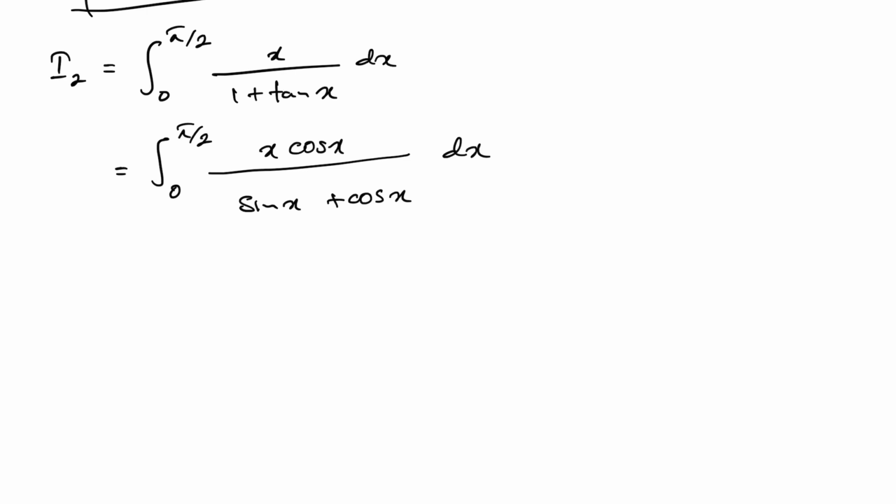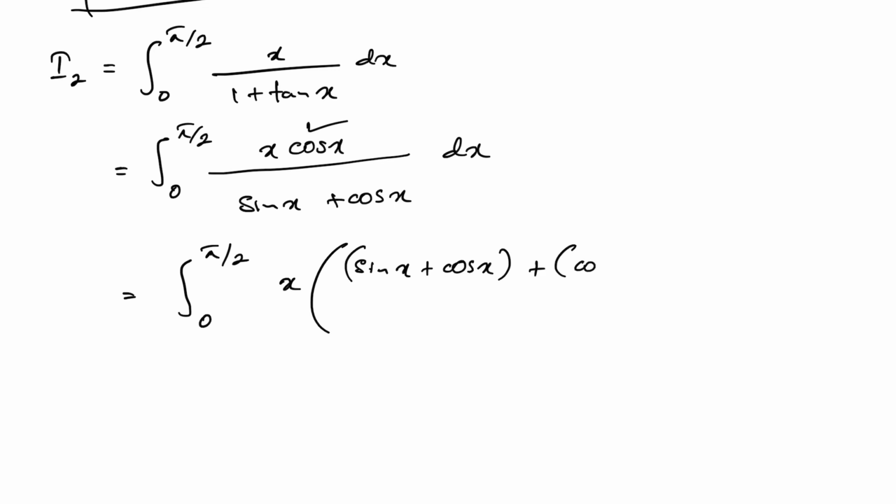Okay, then as a next step, from 0 to pi over 2, we have x, and for this cosine of x, I'm going to write sine of x plus cosine of x, then plus cosine of x minus sine of x.